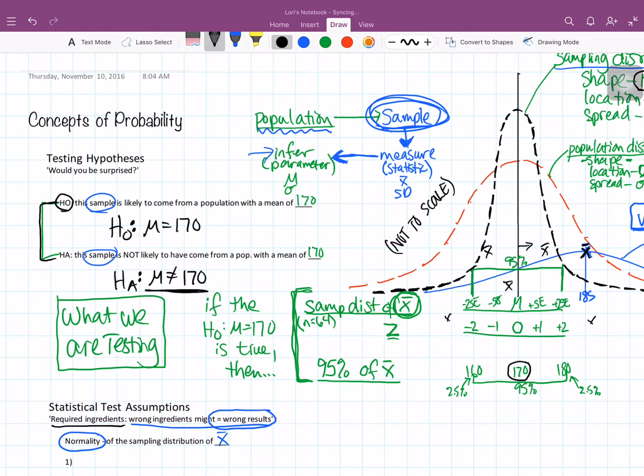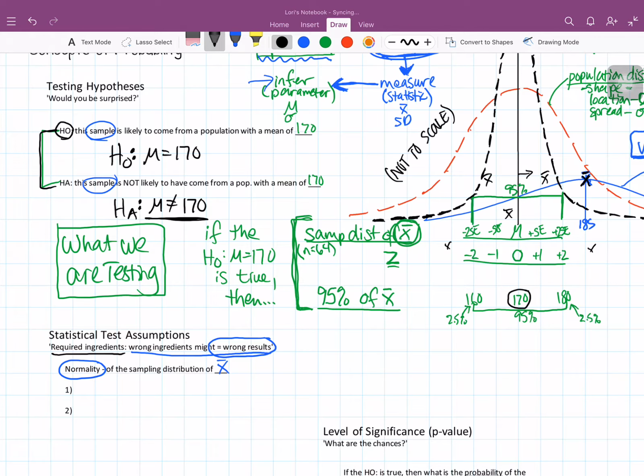Let's go back up here and remind ourselves that sample size is important. This will be true if we have a large enough sample size. If n is greater than or equal to approximately 30, based on the central limit theorem, this assumption will be true.